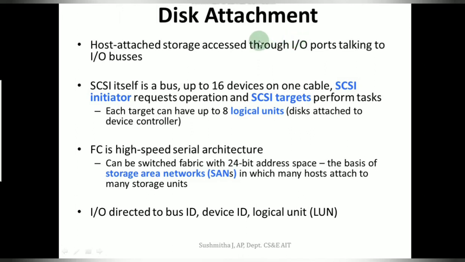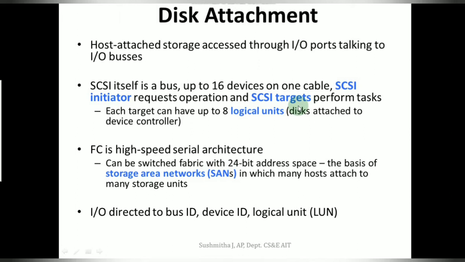Now if it is using SCSI cabling, then it uses the master slave, or what we call the initiator and target logic, where there is a request and then there is an action or task that is performed.